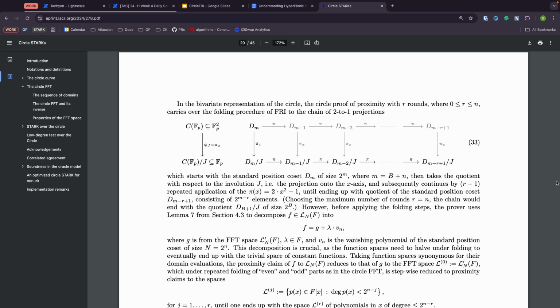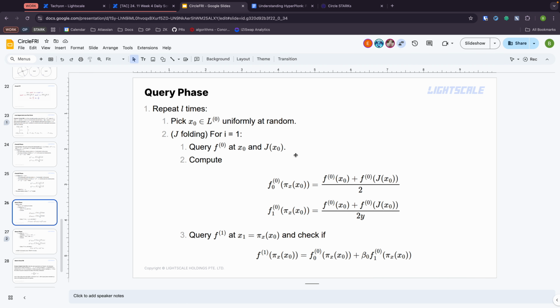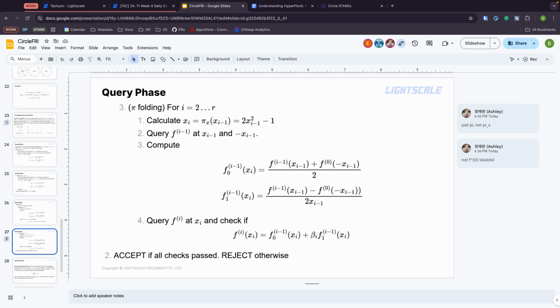Yeah. So the question is, it seems like maybe this will be handled in the next section or something like that, but in the normal case, when you open the polynomial, the domain is like the field domain, right?